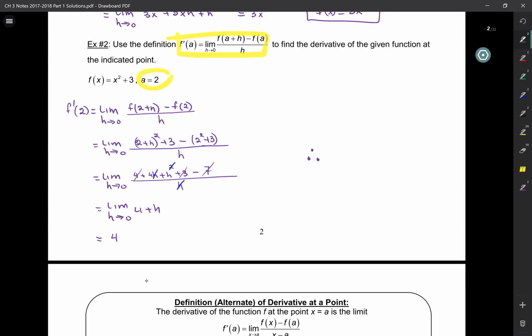No, what do those dots mean? Ellipses, right? Ellipses are dot, dot, dot. It means therefore. Therefore, f prime of 2 is equal to 4. Do we have to write therefore?